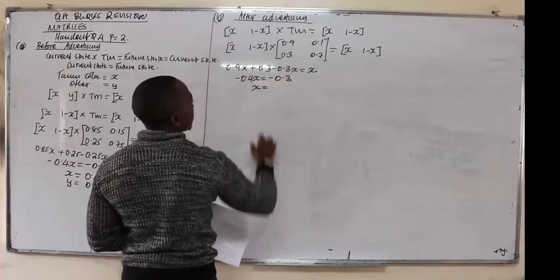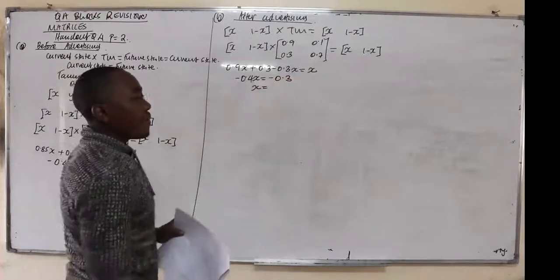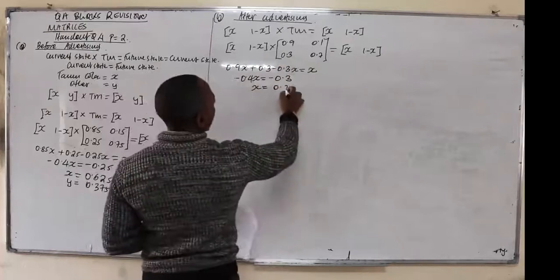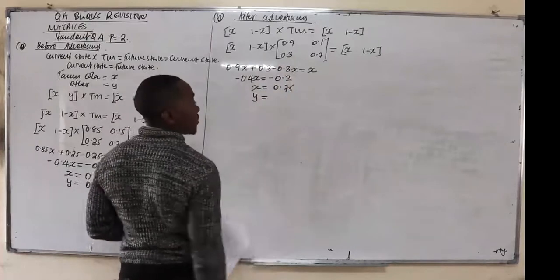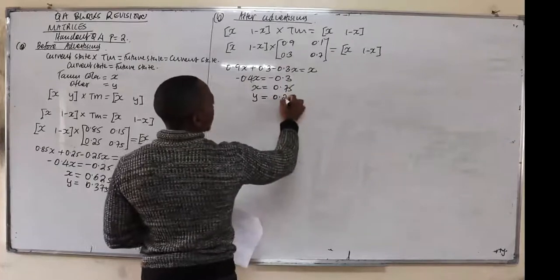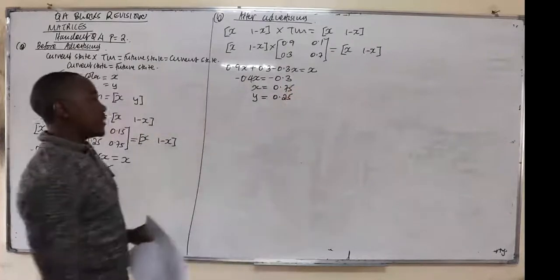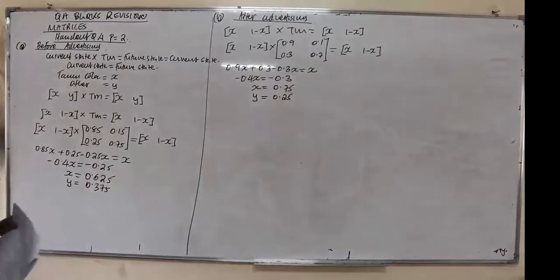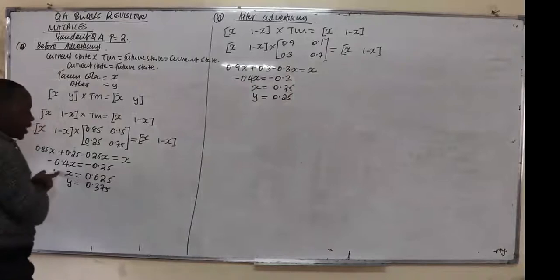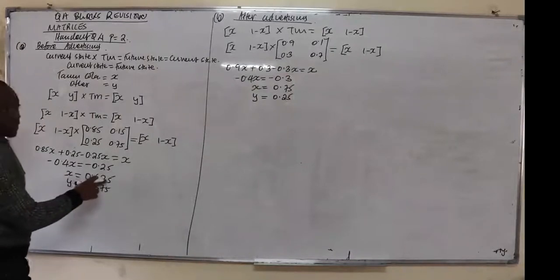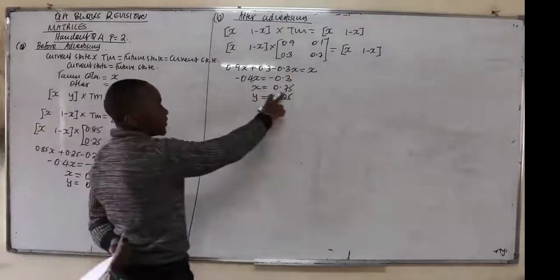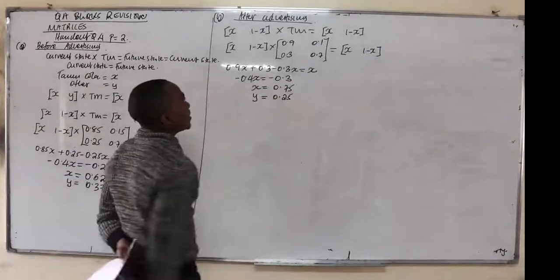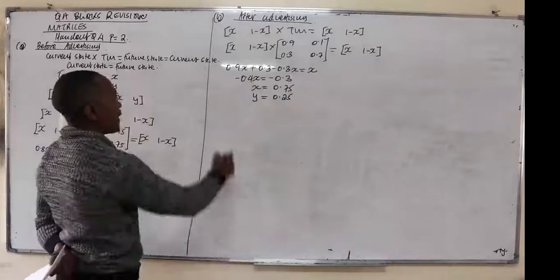Therefore, X is 3 over 4. That is 0.75. Therefore, to get Y, it's 1 minus X, you get 0.25. So what you can observe is that before the advertisement, X, which represents Tamukora soda, was controlling 62.5%. But after advertising, X will now be controlling 75%.